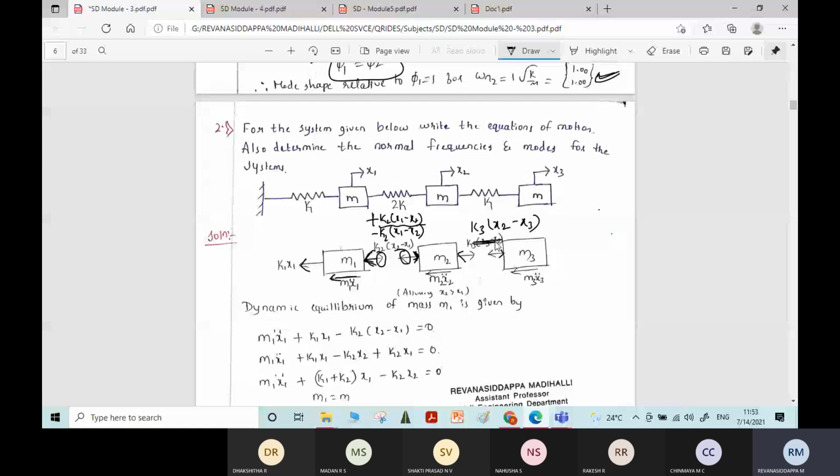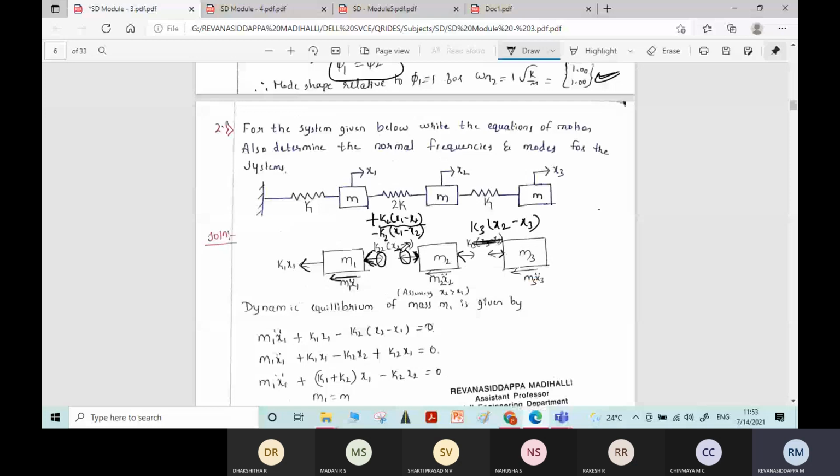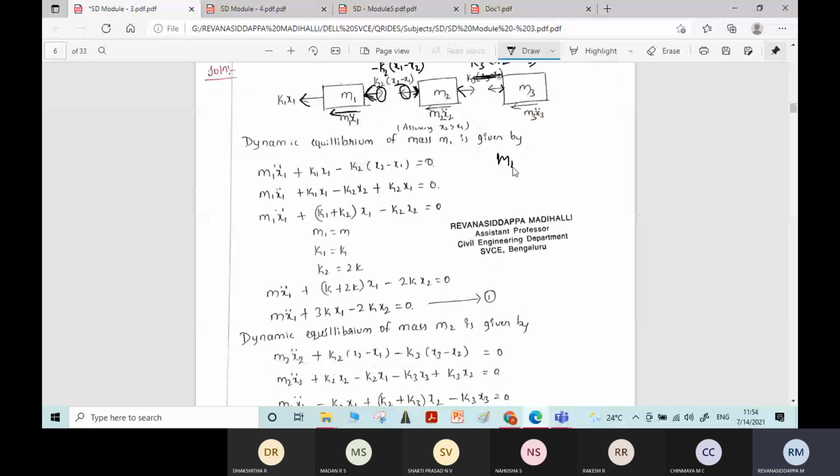When you take the free body diagram for each individual mass and formulate the equation, that is m x double dot plus k x equal to 0. Using this condition, after simplification, that is after segregation of coefficients of x1 and x2, this is the final equation you get.